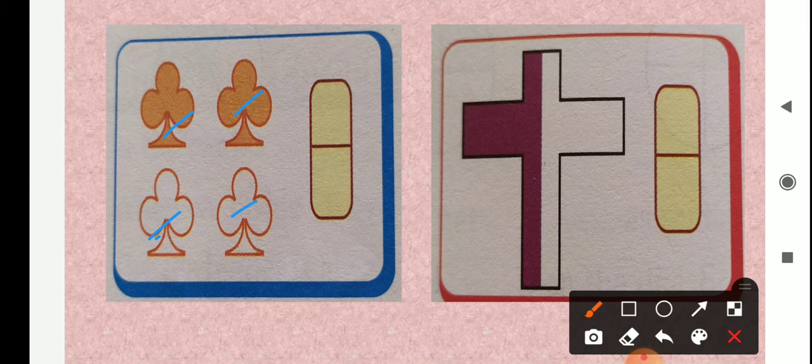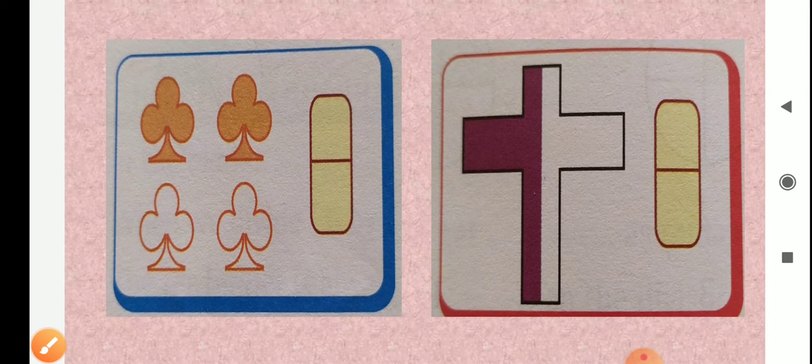So we write 4 at the denominator place, and from this how many figures are shaded? 2 figures are shaded, so we write 2 at the numerator place. So the fraction for the shaded part is 2 upon 4.